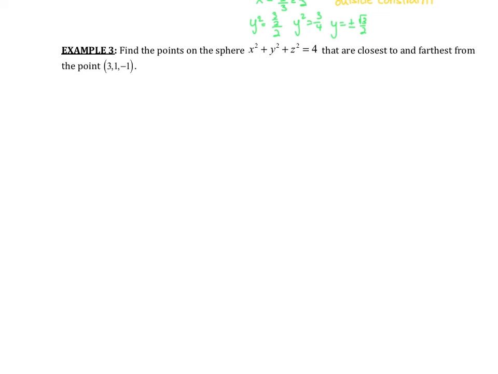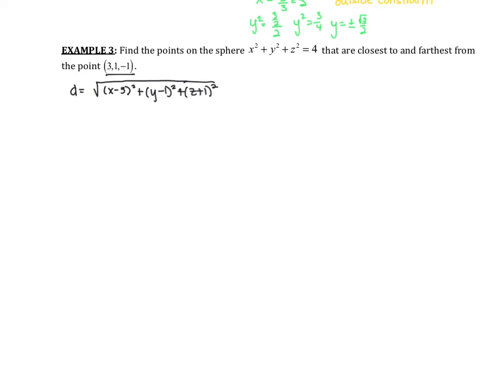Okay, so what we're going to do is use the distance formula here. But since we're doing it with respect to the point (3, 1, -1), I know that my distance is going to equal the square root of (x minus 3) squared plus (y minus 1) squared plus (z plus 1) squared.